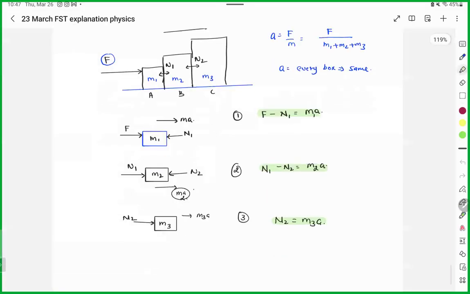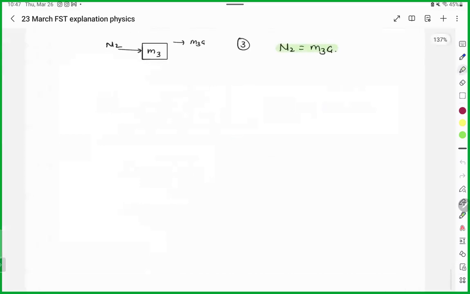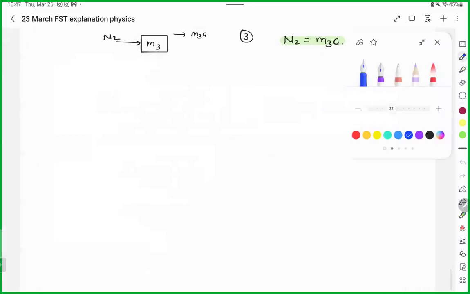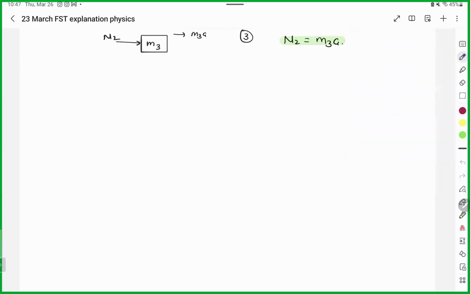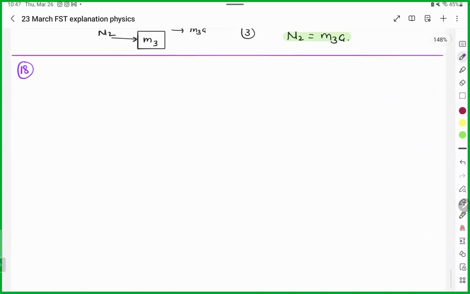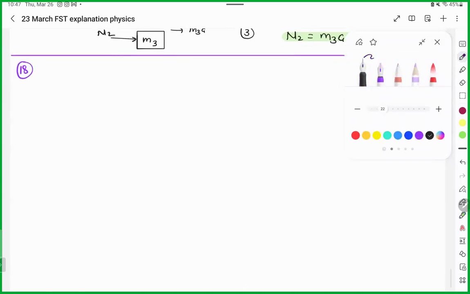Question number 18. In question number 18, what will happen if you take any graph of PV?